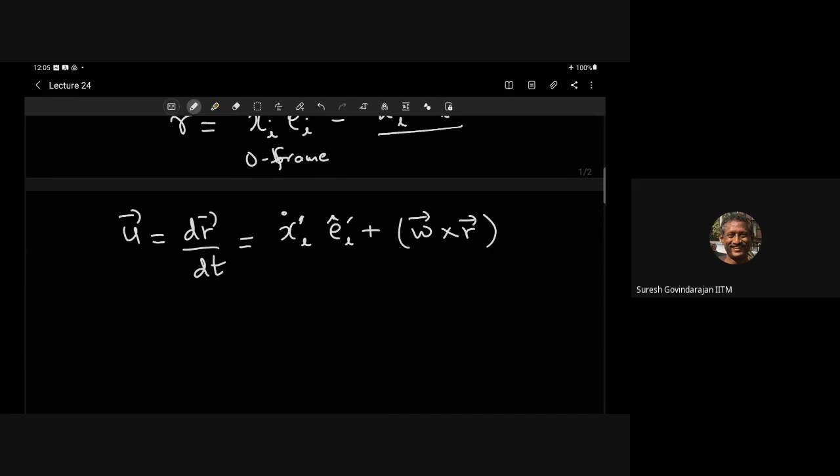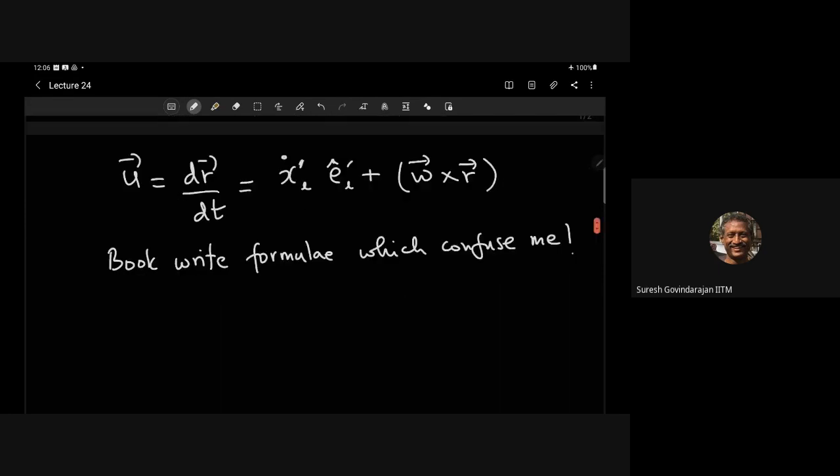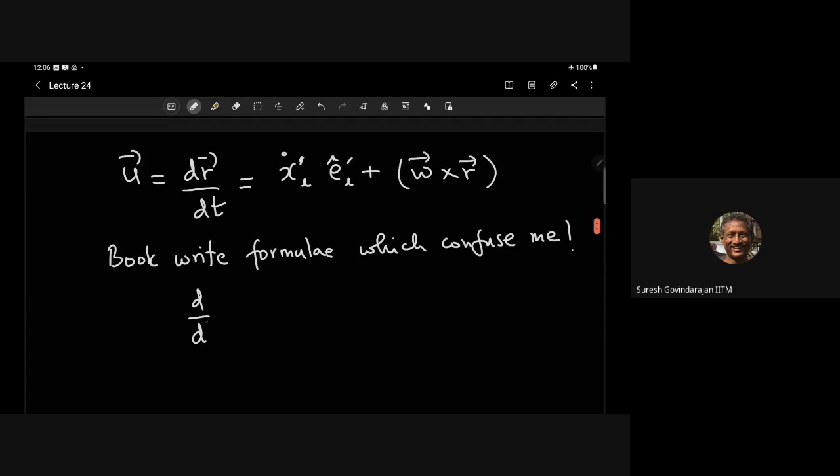While in the other frame it would be so, books write formulae which confuse me for sure. So they write something like d by dt in O, I guess, is equal to d by dt in O plus omega cross.